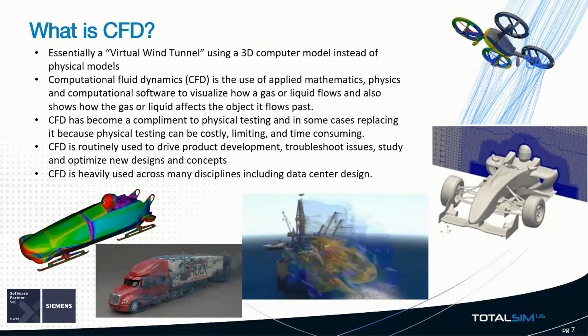It was initially used in aerospace and automotive industries to simulate aircraft at different altitudes and vehicles in different conditions. But recently, CFD has been heavily used across many industries, including data center design. For data center design, we're taking the physical room and moving it into the virtual world and using physics and math to solve the fluid flow around the room so we can better understand it.